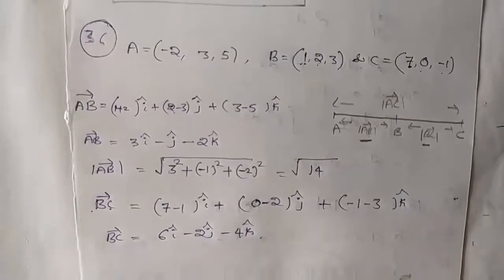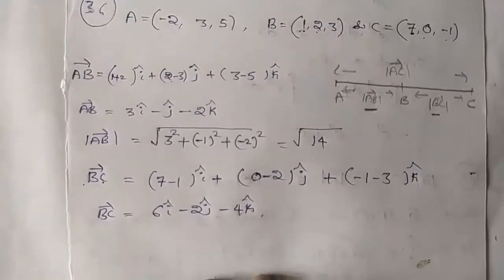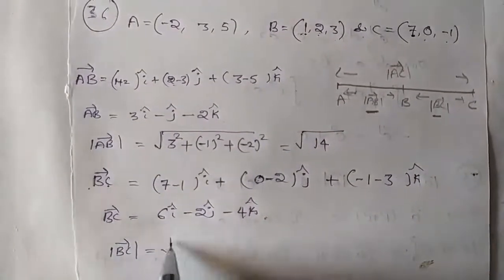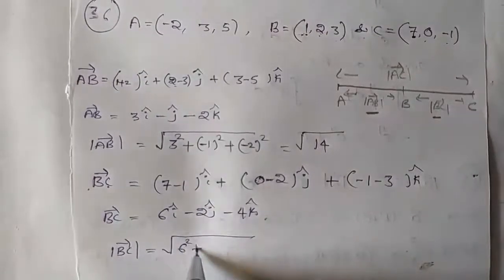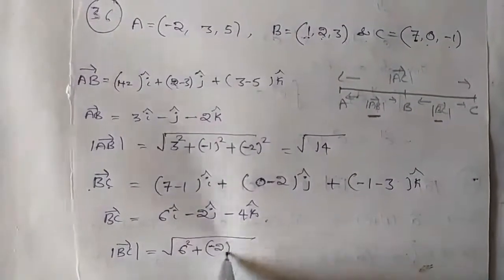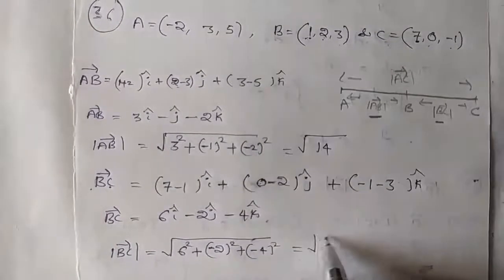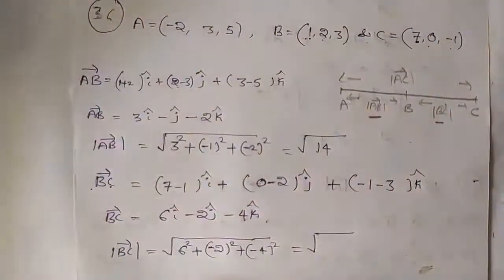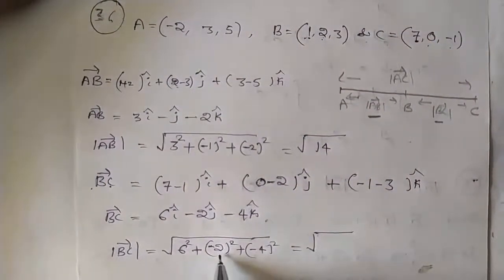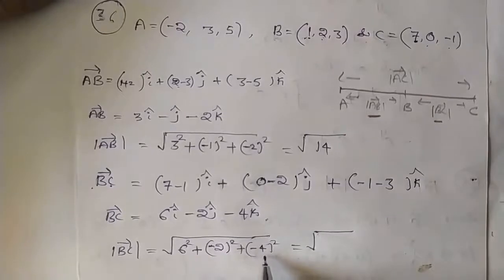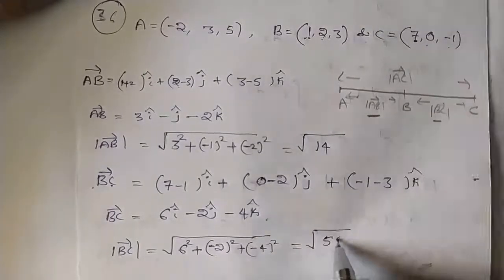Also find out its magnitude. Magnitude of BC vector is equal to square root of 6 square plus minus 2 whole square plus minus 4 whole square. 6 square is 36, plus 4 is 40, 40 plus 16 is 56, square root of 56.